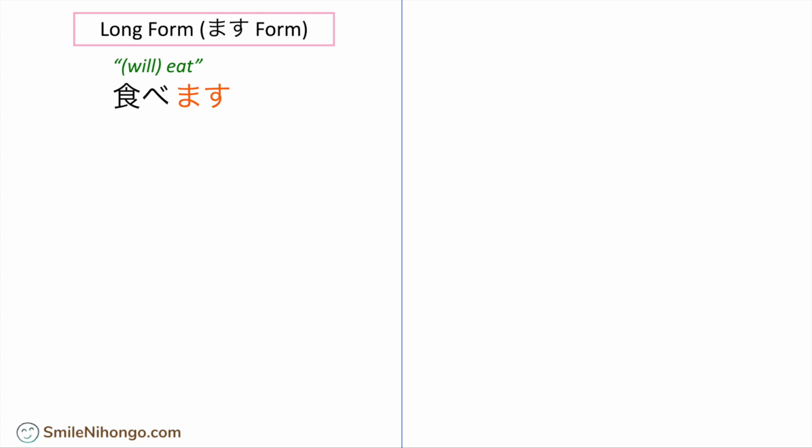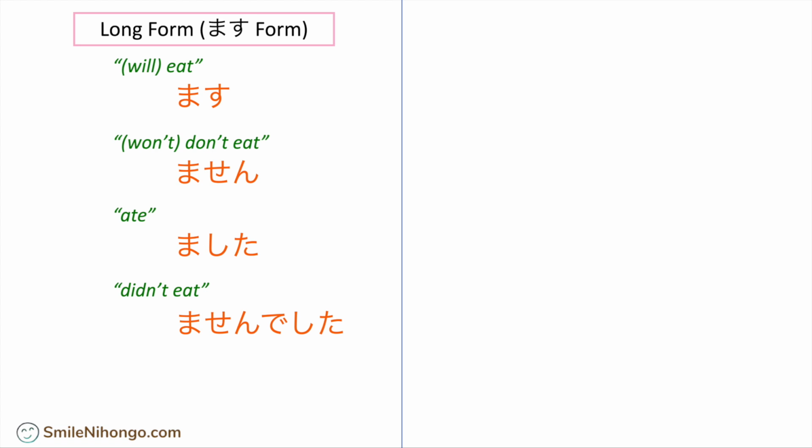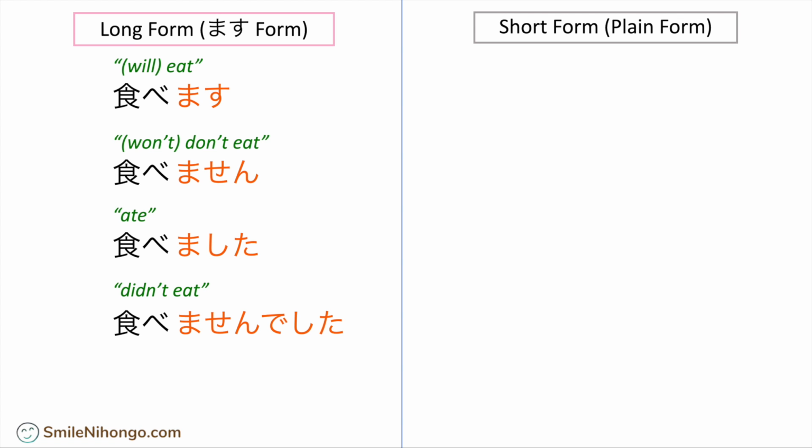For instance, the verb eat, 食べます, conjugates like this. 食べます、食べません、食べました、食べませんでした。 So to conjugate masu form, you only need to change the ending of the verb. ます、ません、ました、ませんでした。 Now we are going to learn how to conjugate Japanese verbs in short form or plain form.